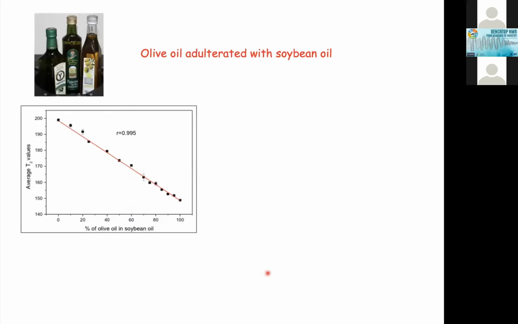Another application, again with an intact bottle: for example, in Brazil it's quite common to adulterate olive oil with soybean oil. If you plot the T2 value for the soybean and the olive oil, and a lot of blends, the mixtures between these two oils, you can see there is an almost linear curve between the blend.